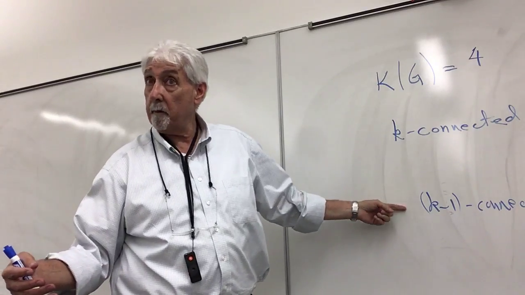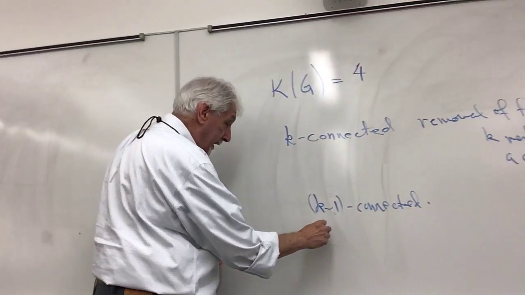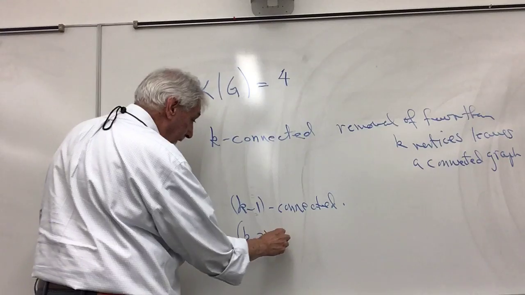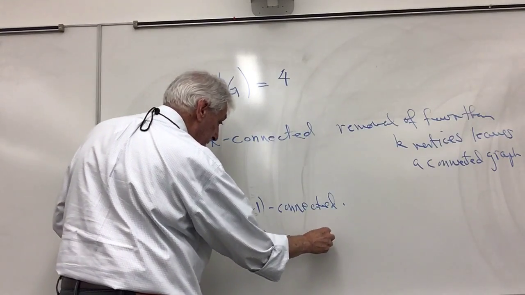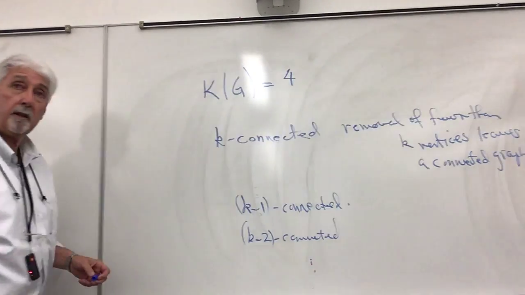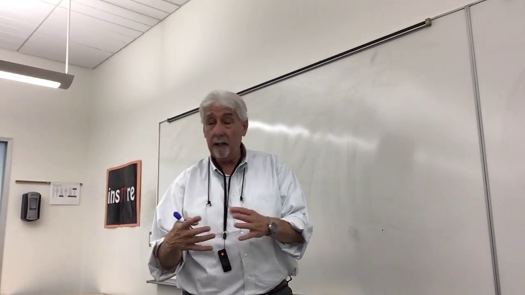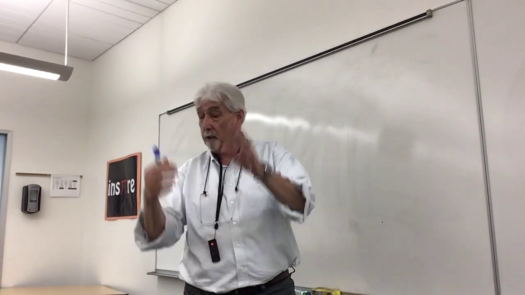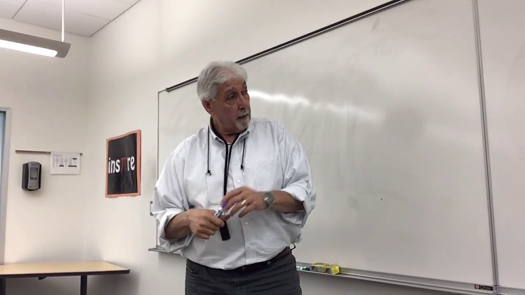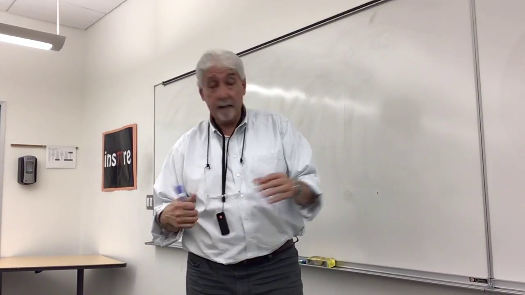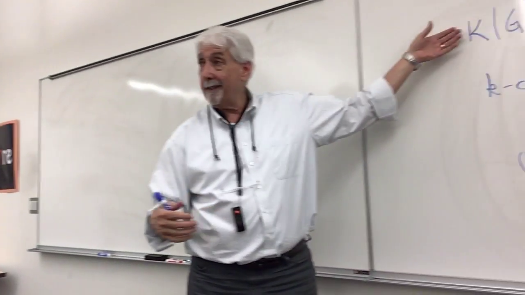Of course if it's k-1 connected, then it's k-2 connected, and so forth, each one being sort of weaker than the other. So it's a tower of connectivities until I get to the biggest one.